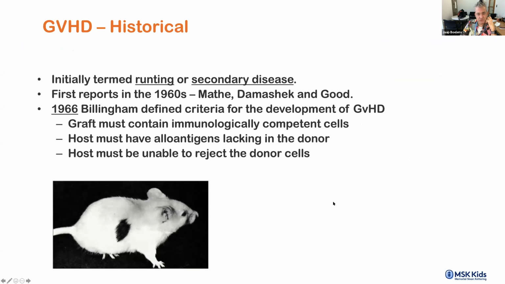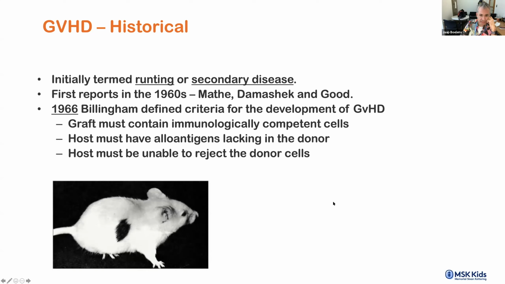So what is graft versus host disease? I will bring you back to the late 50s and 60s when the first transplants were done. Actually, the first successful bone marrow transplant was done in 68. And it was recognized as a disease in the mid-60s because there were already, let's say, attempts before.